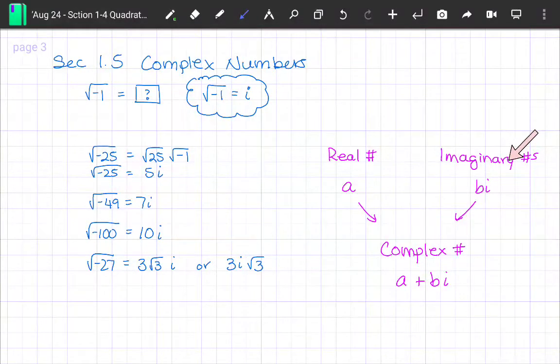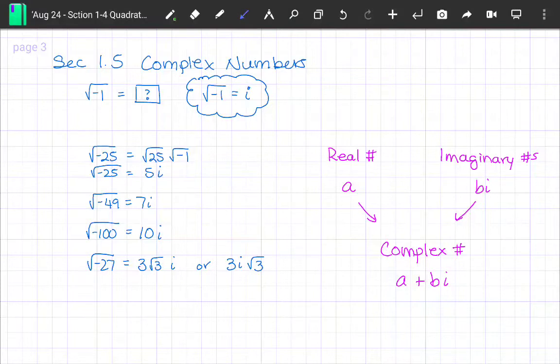All imaginary numbers are complex numbers. But not all complex numbers are real, and not all complex numbers are imaginary. Real numbers don't have an i. Imaginary numbers, single term with an i. Complex numbers have both parts.